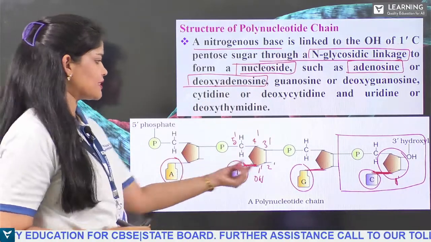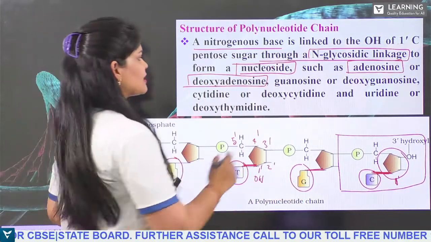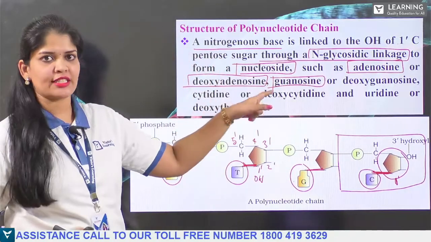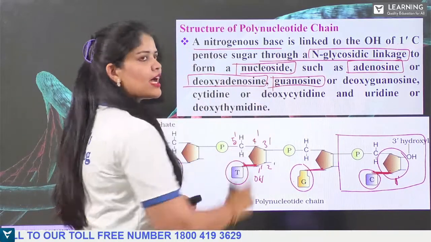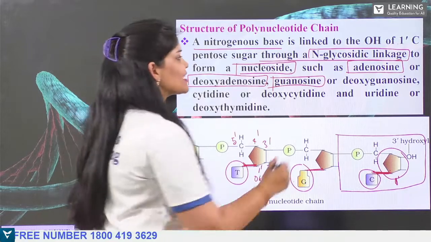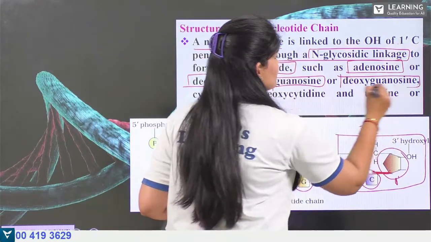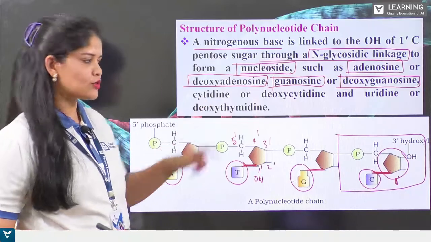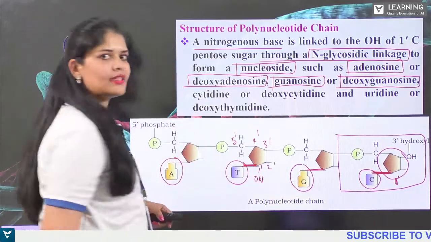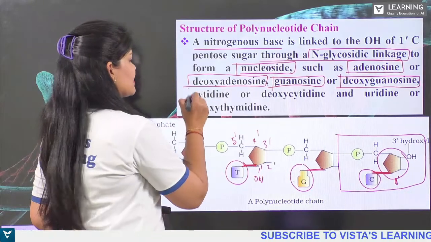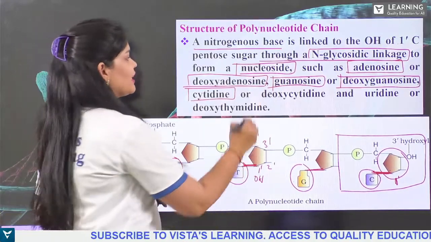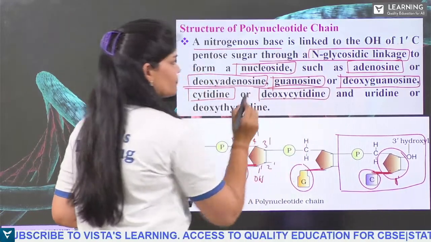If the nitrogen base is guanine, then we call it guanosine. These are all nucleosides. Guanosine is in RNA. Then coming to DNA, that is deoxyguanosine. Simple. If the nitrogen base is cytosine, then the nucleoside is cytidine, and in DNA it is called deoxycytidine.